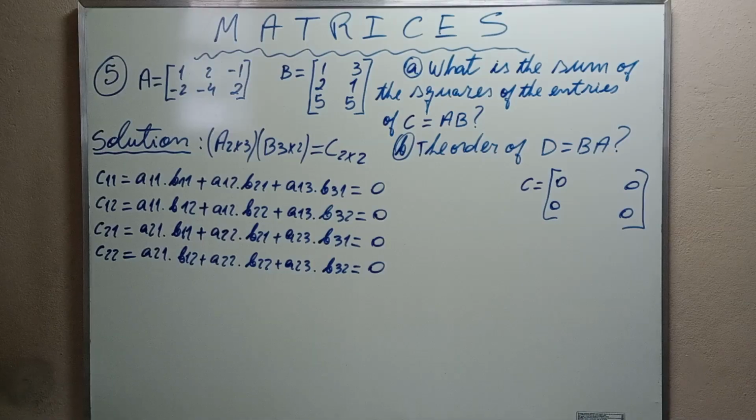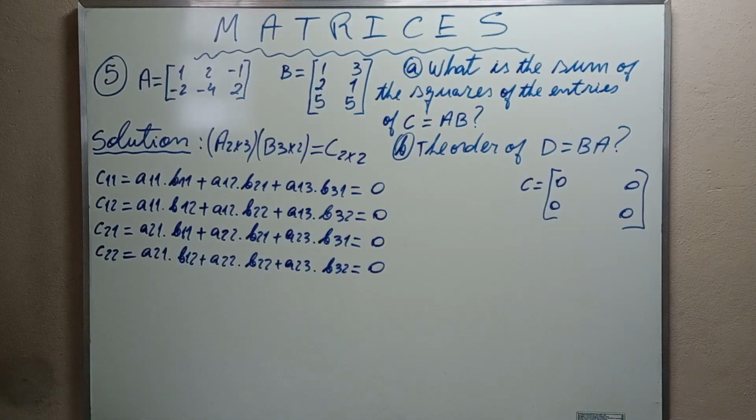Now let's go and work on letter B. Letter B asks us, what is the order of matrix D equal to B times A? Let's go to the solution.